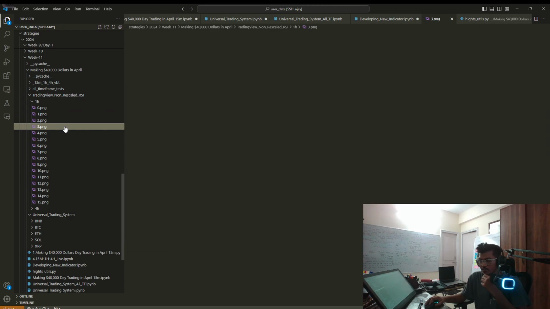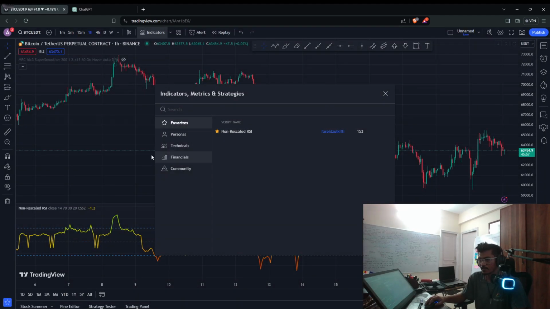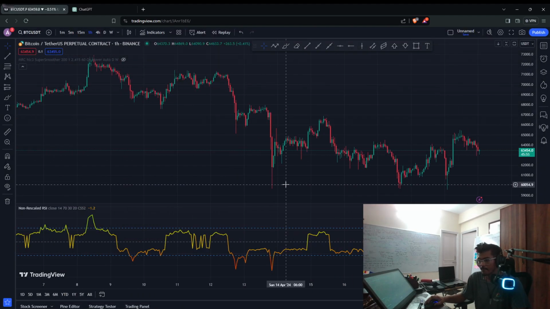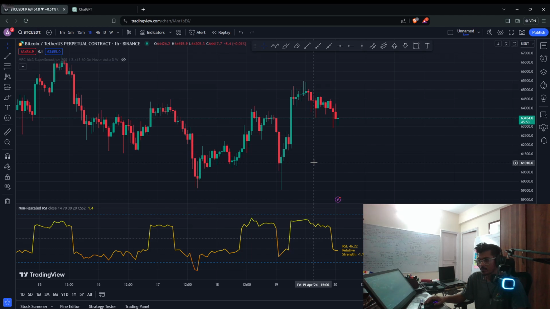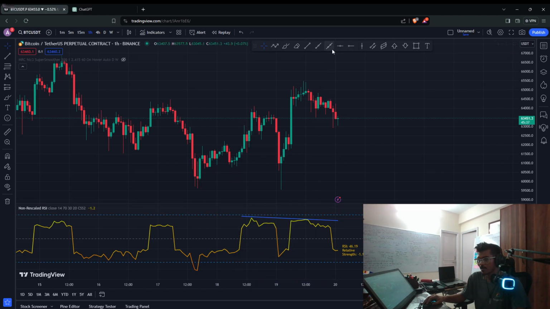For instance, let me show you divergence here. See here the divergence. This was making a lower high from this perspective, while the prices here are making a higher high.